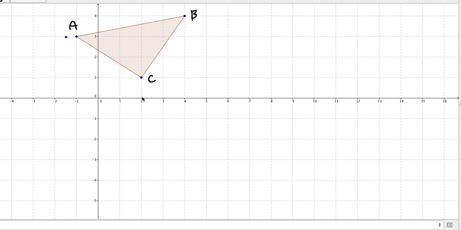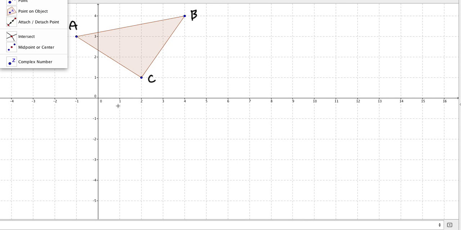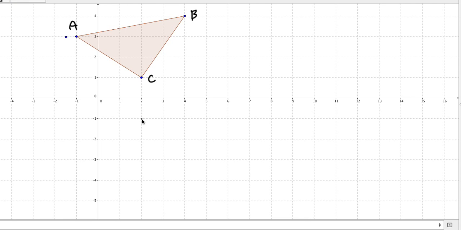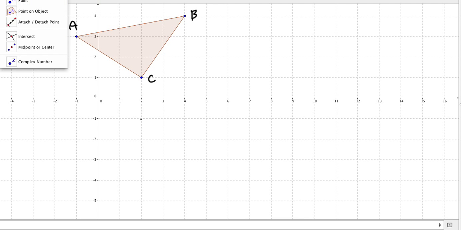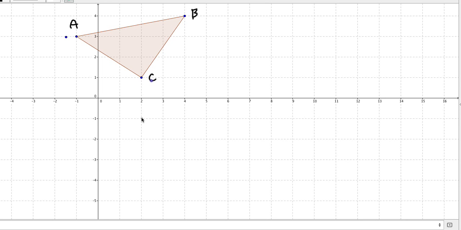A good way to do this is find out the number of units C is away from the x-axis, which is 1 unit. So you basically draw a point right here.